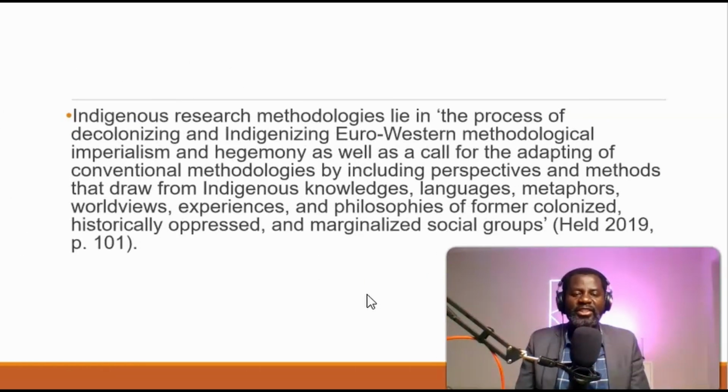Indigenous research methodologies lie in the process of decolonizing and indigenizing Euro-Western methodological imperialism and hegemony, as well as a call for the adapting of conventional methodologies by including perspectives and methods that draw from indigenous knowledges, languages, metaphors, worldviews, experiences, and philosophies of formerly colonized, historically oppressed and marginalized social groups. When you read Harold in his 2019 article, he explains very clearly that research methodologies lie in the process of decolonizing.